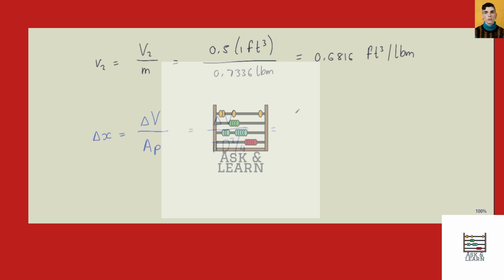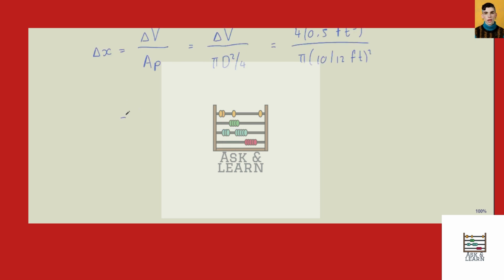Now this is equal to 4 into 0.5 cubic feet, so we bring the 4 above, over pi, and the diameter of the piston face is 10 inches, so that's 10 over 12 feet squared.